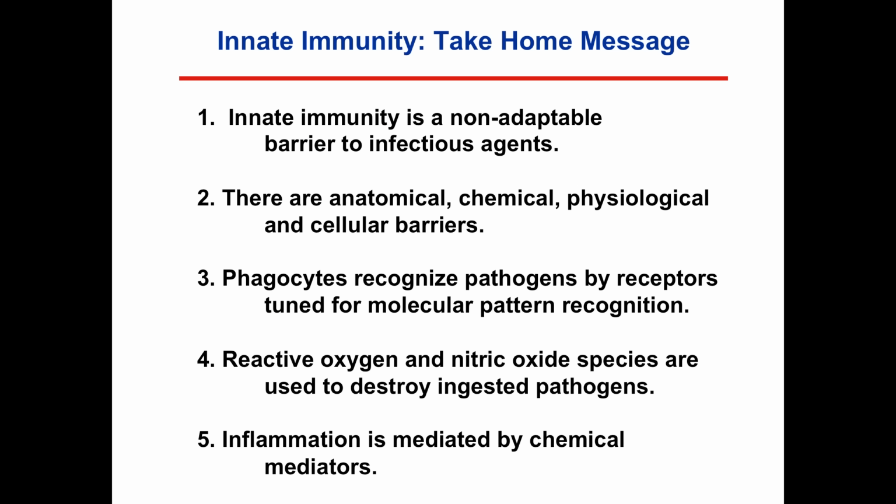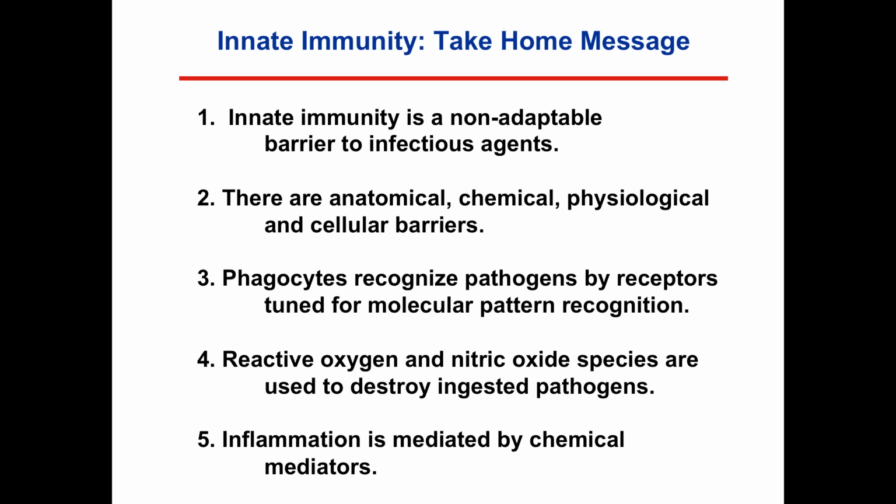As we've seen in the innate immune response, what is the take-home message? First, to summarize, innate immunity is a non-adaptable barrier to infectious agents. It does not change as a person develops, and is with them their whole life. Second, there are different categories: anatomical, chemical, physiological, and cellular barriers.